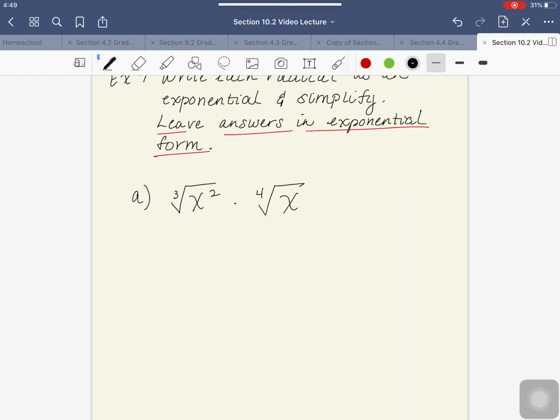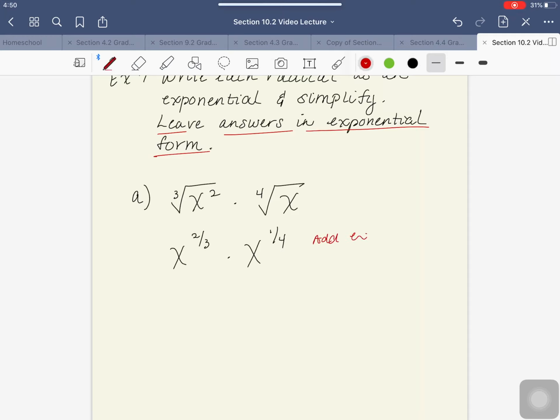So first let's rewrite them as exponentials. So that would be x to the 2/3 times x to the 1/4, like bases, and I'm multiplying, so I would add those exponents.